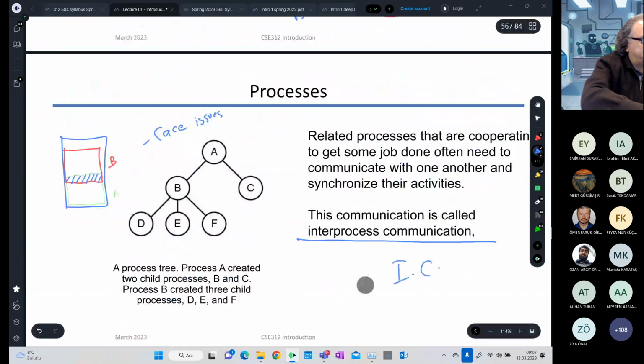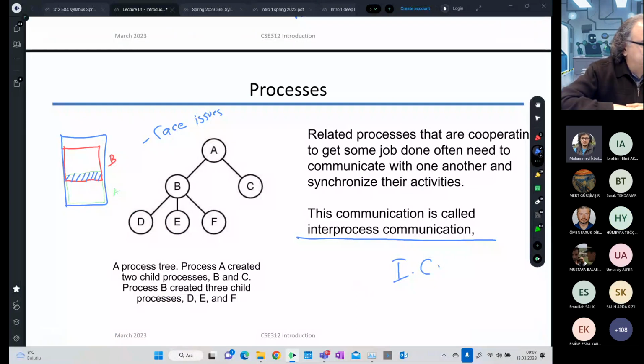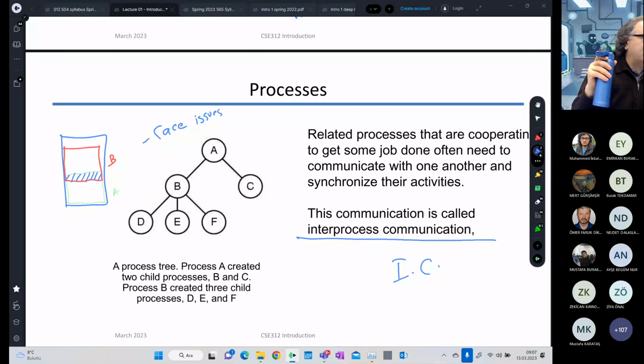Sir, I have a question. Sure. Are D, E, and F sharing some location with A or only B? That depends on your operating system. That depends on how you created your processes, and both of them are possible, what you are saying.